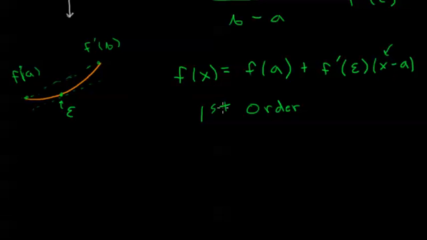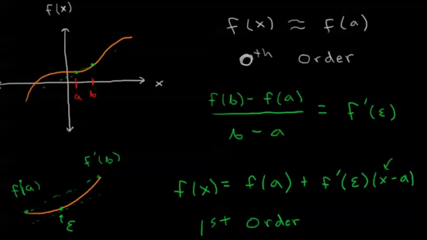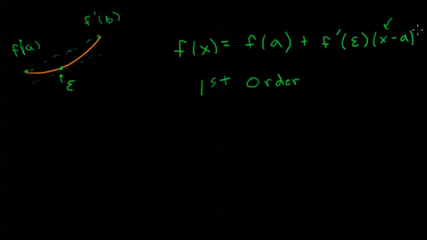So instead of finding the average first derivative, I'm finding the average second derivative of this function. Still using the mean value theorem, but using it on the plot of the first derivative instead of the function itself. And so I can rewrite this equation, except instead of finding the average value of the first derivative, I find the average value of the second derivative.